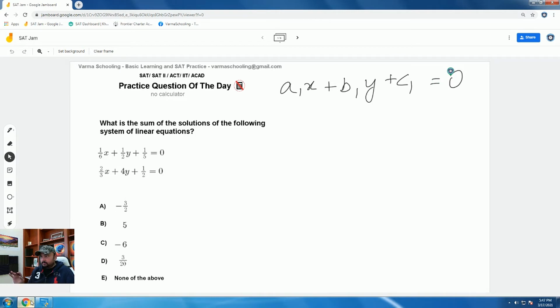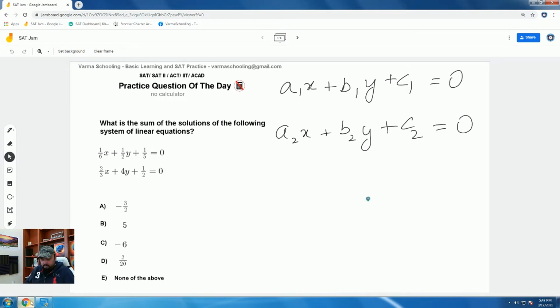So break the linear equations into that format, and they can be given in multiple different ways, but you rewrite the equations so then you can see them this way: a2x plus b2y plus c2 equals 0. So that's your linear equation.